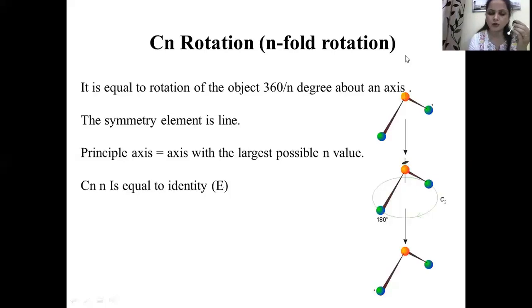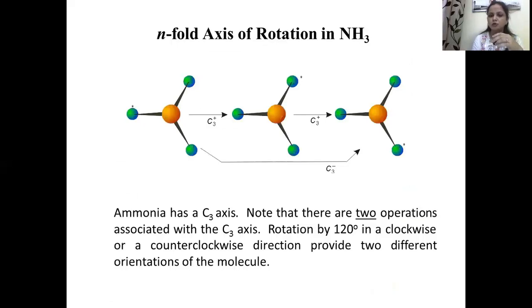Now I want to tell you the difference between the normal rotation axis and the principal axis. For that, I will take the example of the ammonia molecule. Suppose this is the ammonia molecule where this black one is the nitrogen, this is a hydrogen, this is the second hydrogen, and this is the third hydrogen atom.